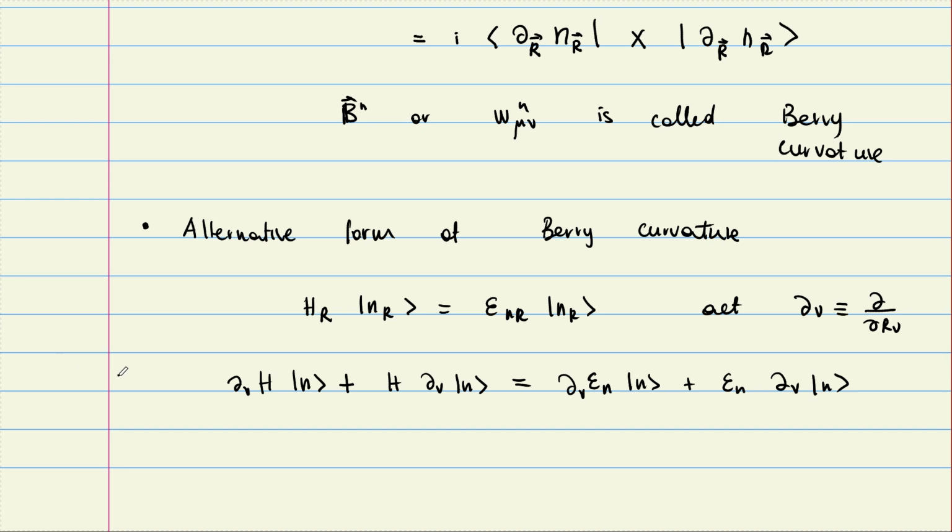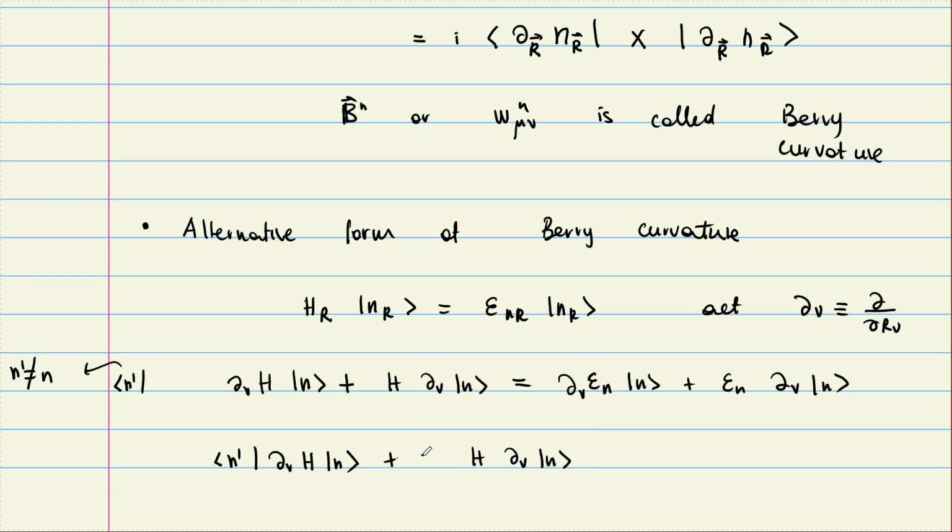Now I want to take the product with n prime, and I want to assume n prime is not equal to n, right? I only take the product with different indices. In that case, it's going to be n prime del mu h n plus, actually let me not write that.